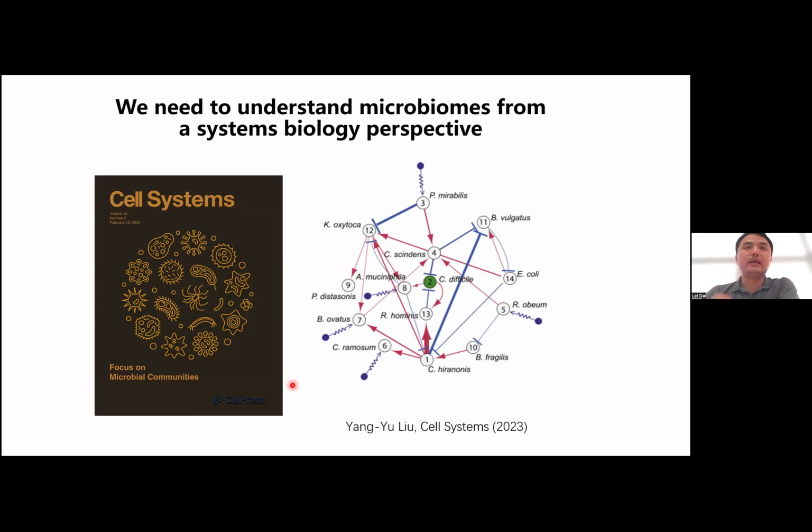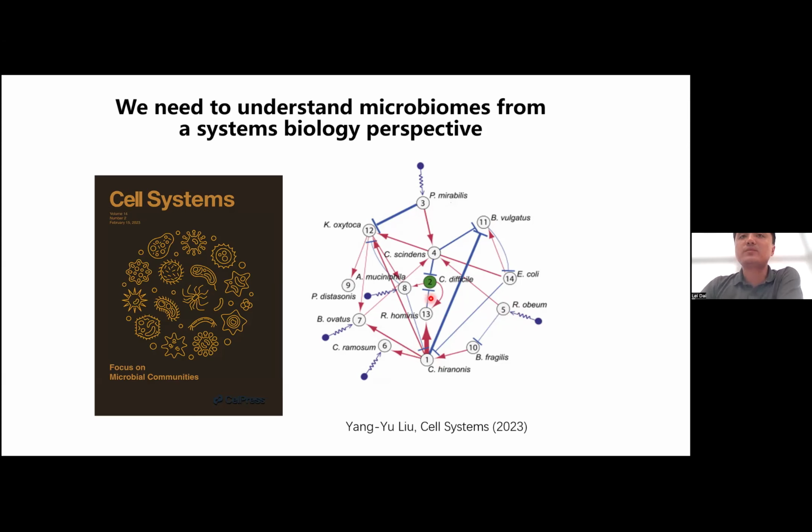Last year in Cell Systems, there was a special issue focused on microbial communities, and I took this cartoon from Professor Yang Liu's perspective, where he showed that using a network, you treat each bacterial species as a node, and you illustrate the interactions, facilitation or inhibition, using edges in a directed graph, and then you can try to control the nodes to, for example, increase or inhibit the growth rate of certain species.